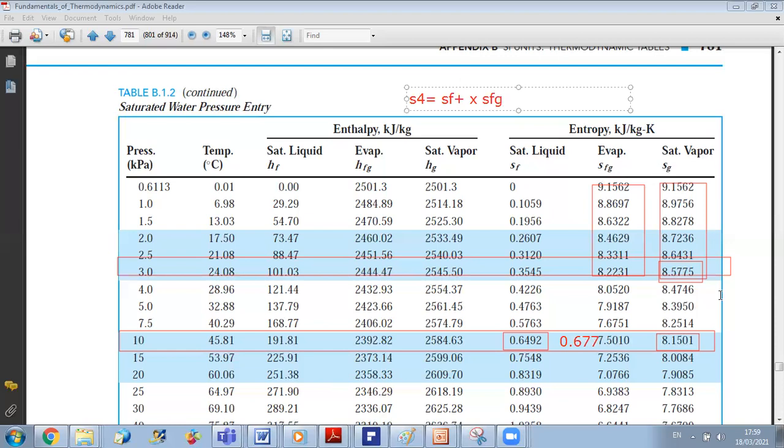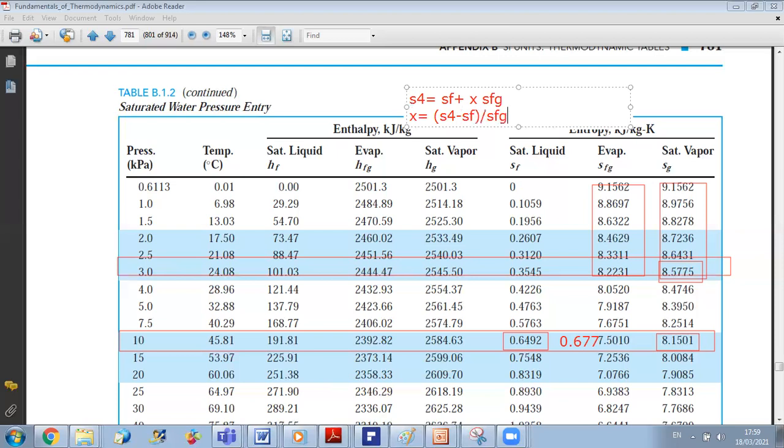So here you can just calculate it by doing 8.1501 minus 0.6492. But because it's widely used, they directly give it in SFG. Okay, so this will allow me to calculate X. So X is simply calculated by doing S4 minus SF over SFG.